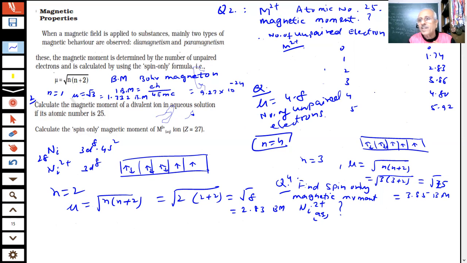That's why I have given these values; we are just trying to analyze the data. Students, if the value is 5.92, it shows that 5 is the number of unpaired electrons. 4.8 means 4, 3 point something means 3, like this. So we are now able to get ideas about them.